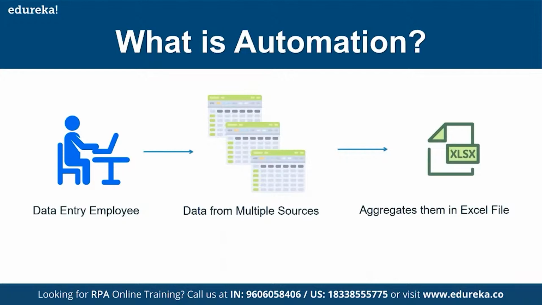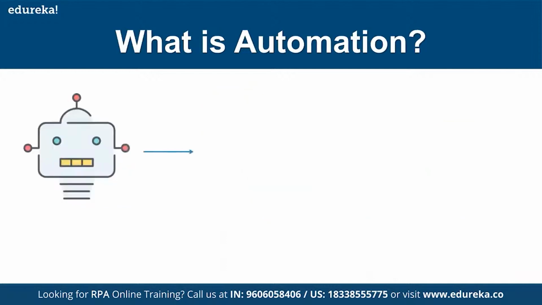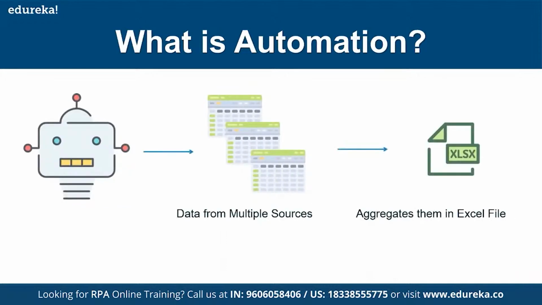Collecting the data from multiple sources and dumping it into an Excel is what this person is doing, which is completely manual work. If a machine has the capability to do the same work, collecting data from multiple sources and aggregating them into an Excel, that is your automation.